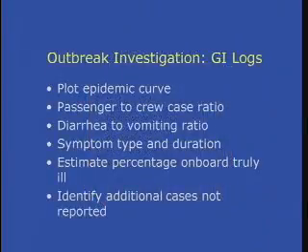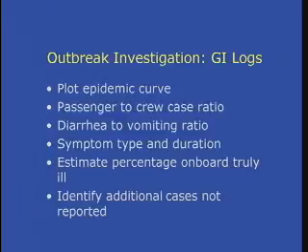Outbreak investigation, GI logs. The GI log, once again, is a critical document during outbreak investigations. Some of the things that can be evaluated are the plotting of the epidemic curve, the calculating of passenger and crew case ratios, and diarrhea to vomiting ratios, all important to determining etiology, symptom type and duration, again, what the causative agent may be.